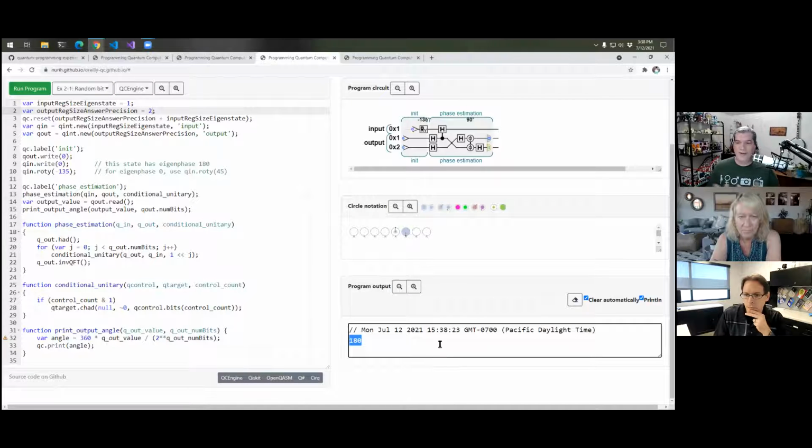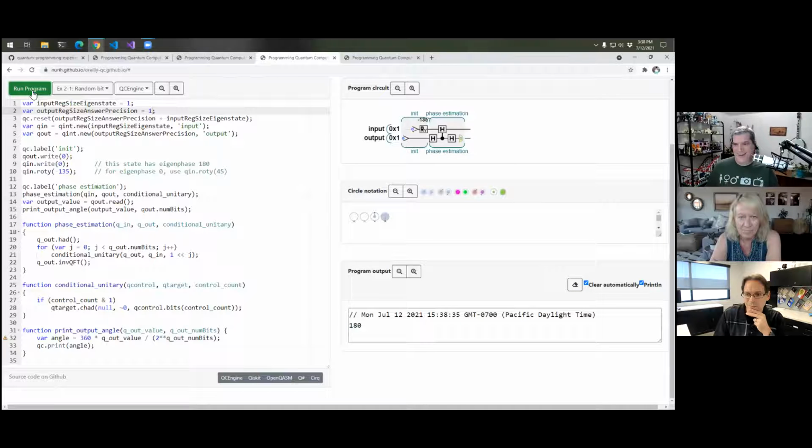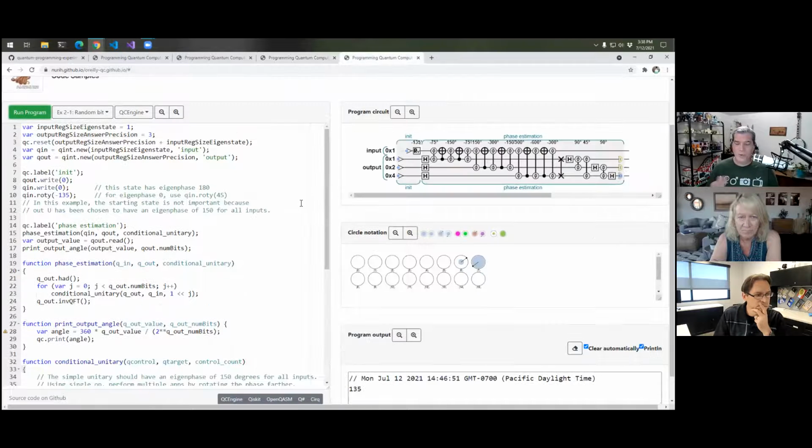So this is enough resolution to get to what we want. I didn't try 1, but does 1 even work? Let's try it. Apparently 1 qubit is enough to get an accurate estimation in this case. And the reason why this is important is because the next example shows one where it's not so even. So it actually is an estimation.